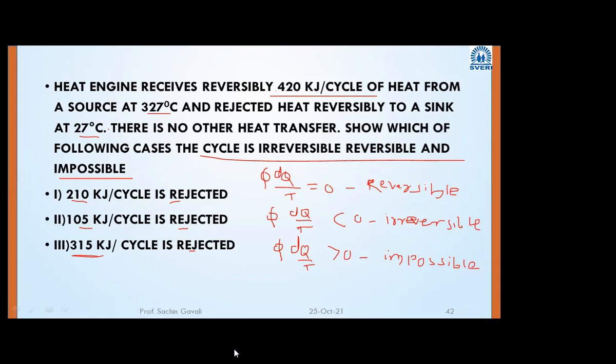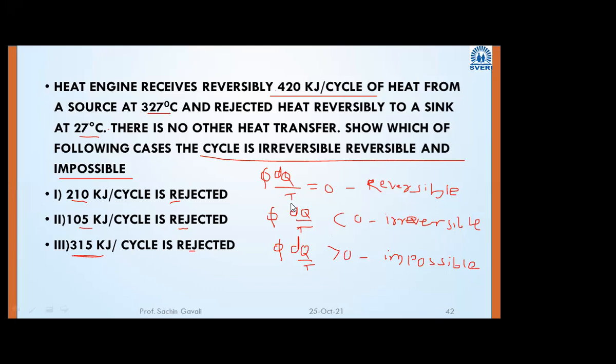The Clausius inequality theorem tells us that the cyclic integral of dQ by T is equal to 0 when the cycle is reversible. The cyclic integral of dQ by T is less than 0 for an irreversible cycle. And if the cyclic integral of dQ by T is greater than 0, then we call it an impossible cycle.